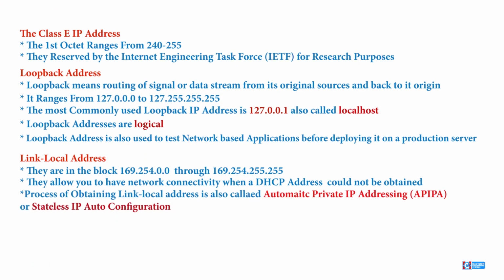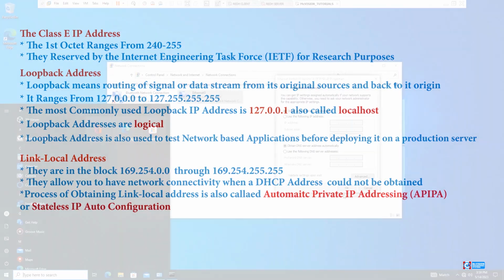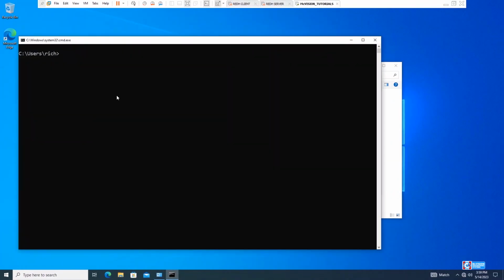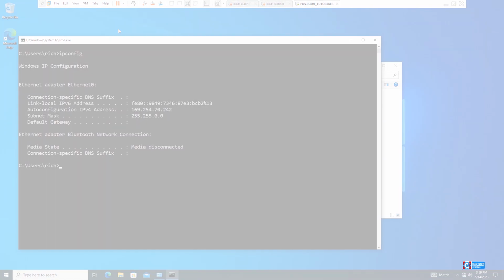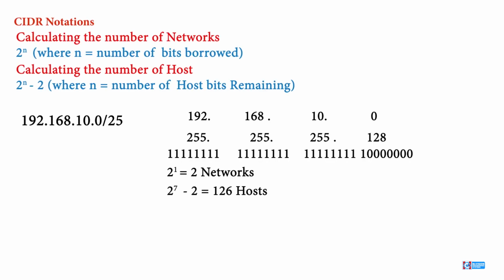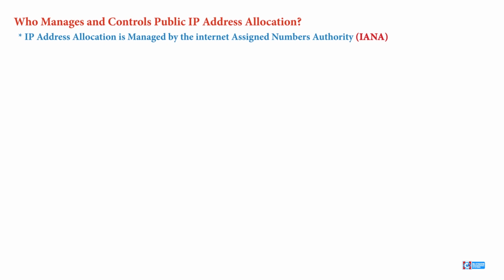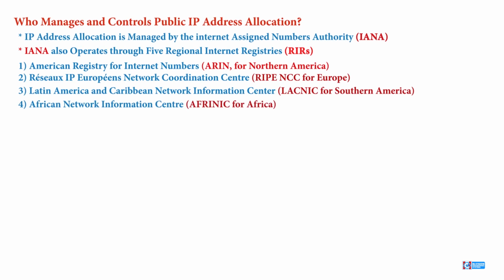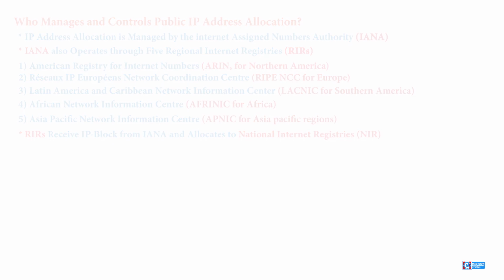They are also known as APIPA, Automatic Private IP Addressing, or Stateless IP Auto Configuration Address. We again discussed what CIDR means and how we can subnet and assign IP addresses using the CIDR notation technique. Lastly, we discussed who manages and controls the assignment of public IP addresses globally.